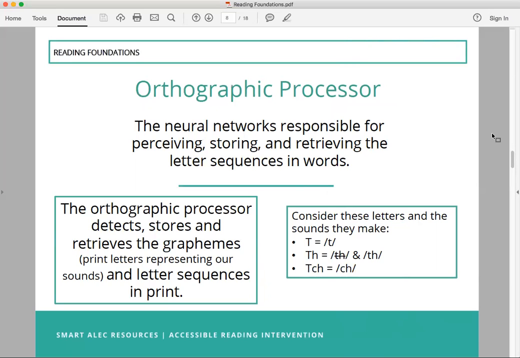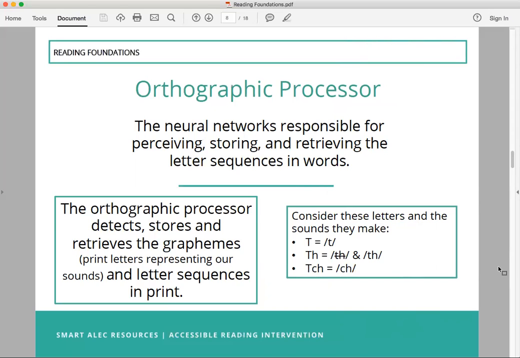So if we take a look at the example over here, this is really important to recognize, because if we look at the letter T and we see the letter T and we know that's a T, we need to also be looking at the letters around it. So T by itself, or T that's not followed by an H or a CH, is just going to say T, and we need to be able to recognize that.